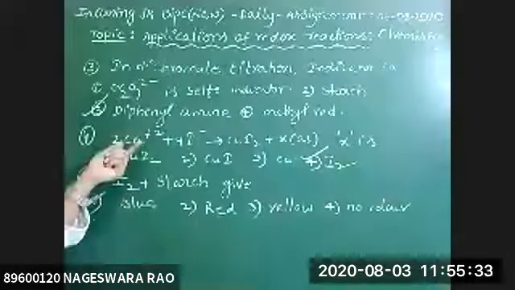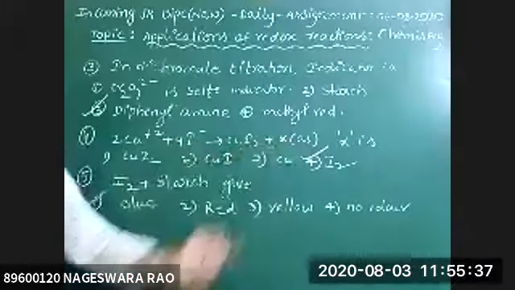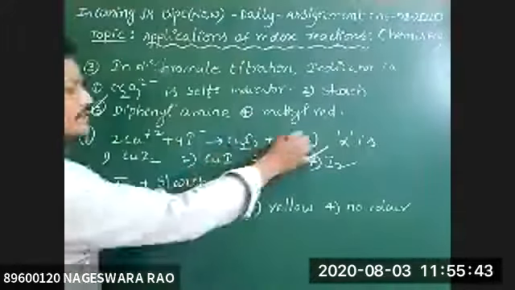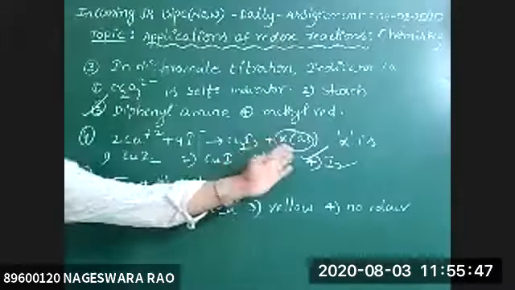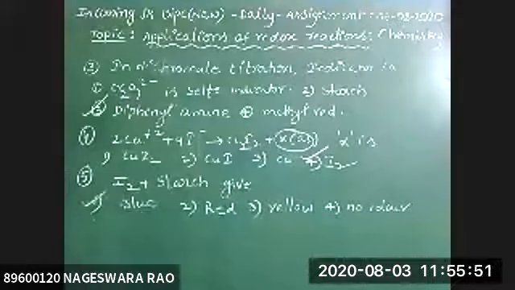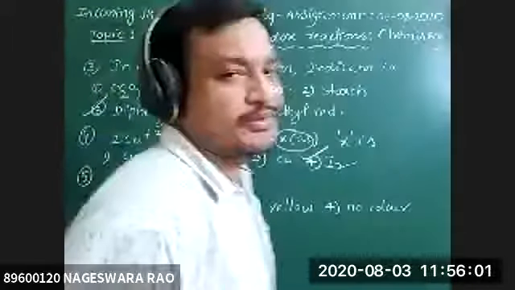So in Cu2+ plus I minus converting to Cu2I2, here I2 is formed. I2 reacts with starch to give blue color.